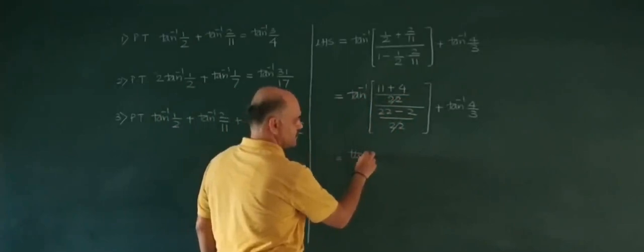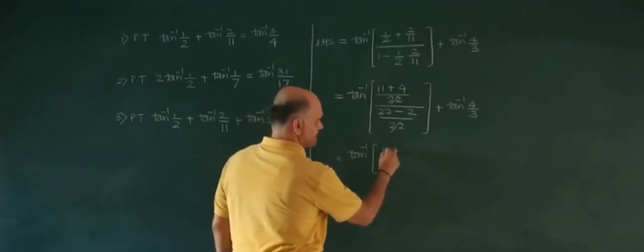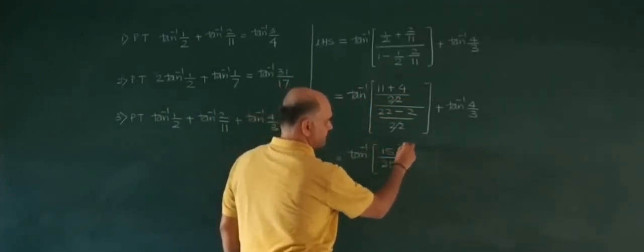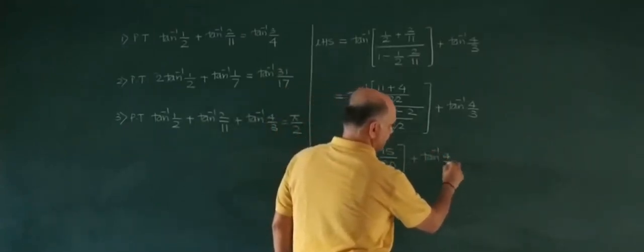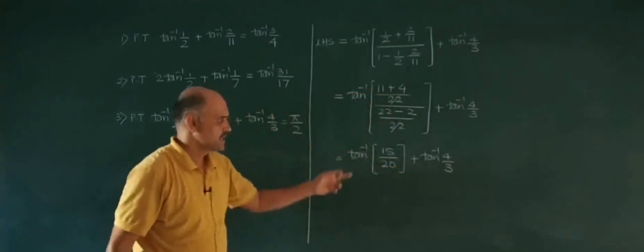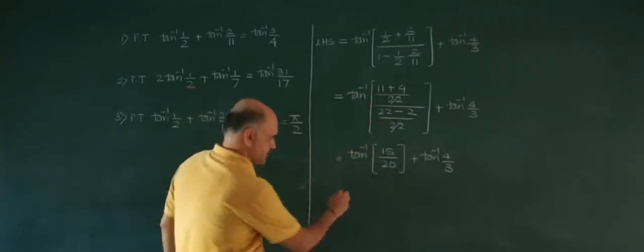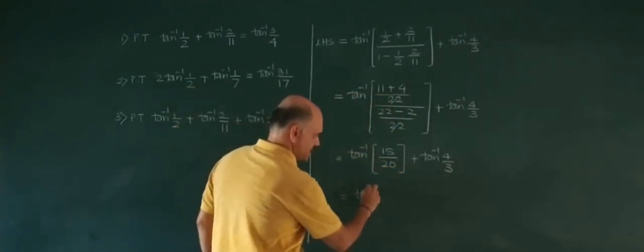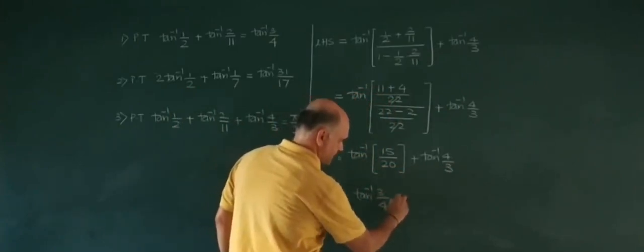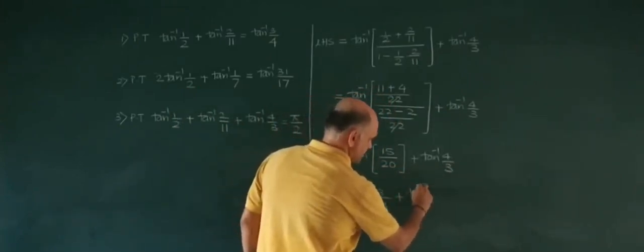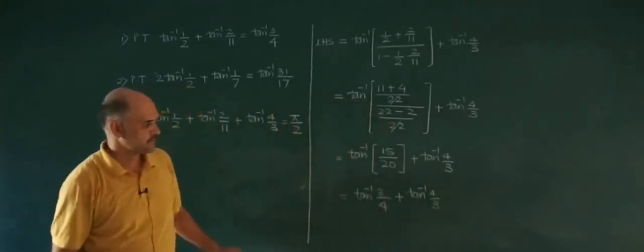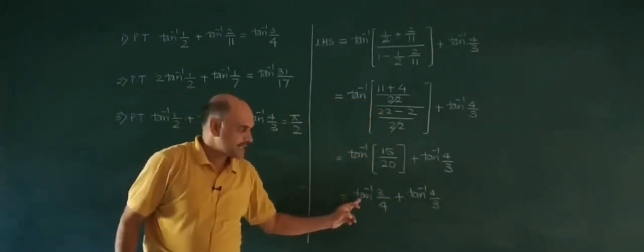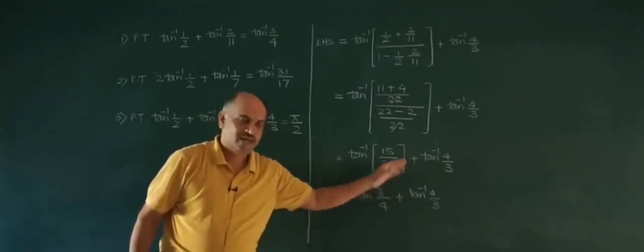So tan inverse 15 divided by 20 plus tan inverse 4 by 3. Again you cancel this. This is tan inverse 3 by 4 plus tan inverse 4 by 3. Now here again you can apply tan inverse x plus tan inverse y and simplify.